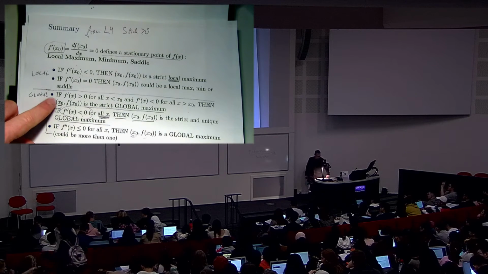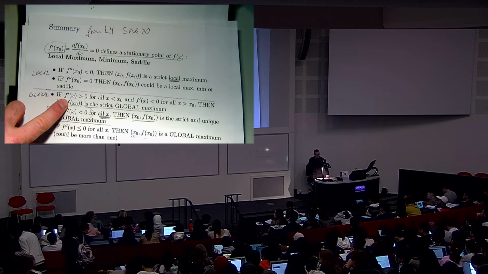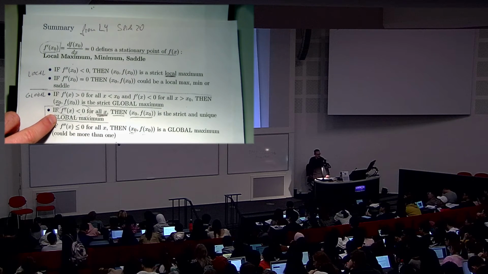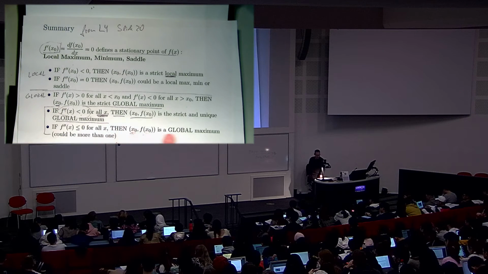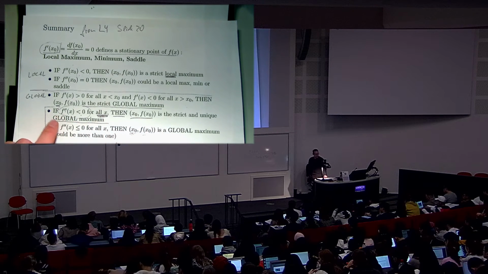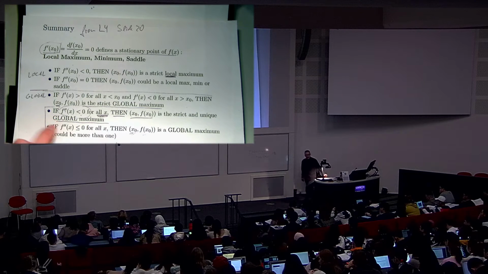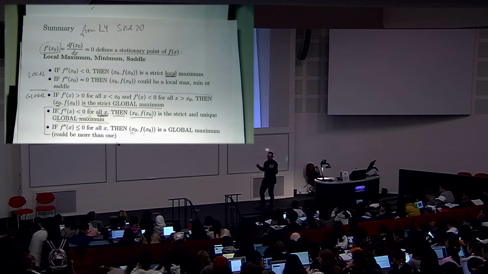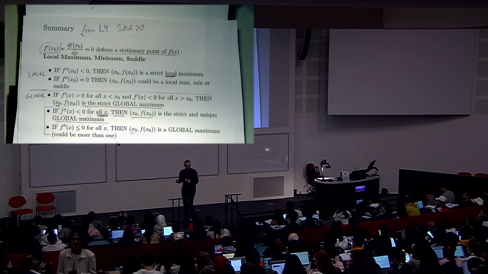The first sufficient condition involved looking at the derivatives, and the second involved looking at the concavity or convexity of the function across the whole domain. It's important to know these are both sufficient conditions, and they are slightly different.